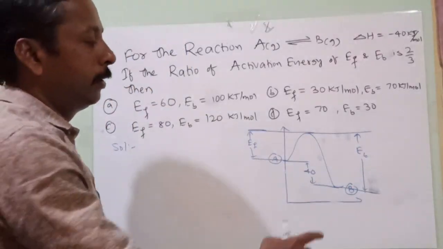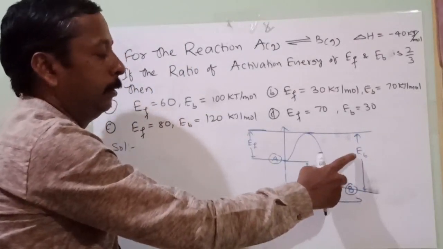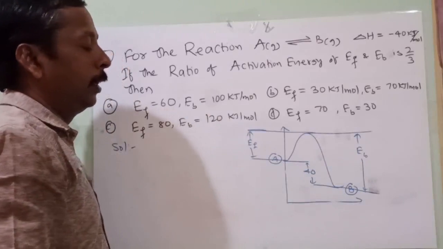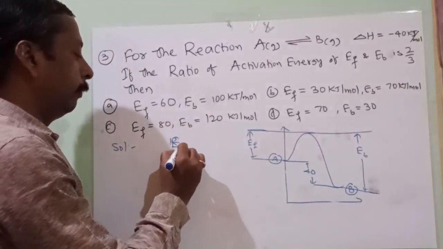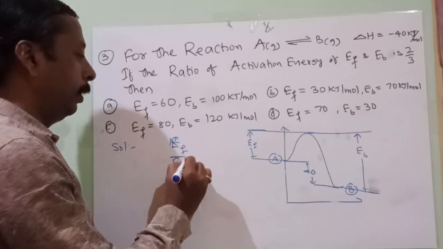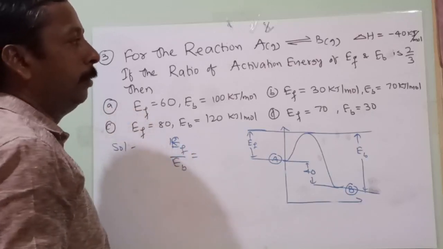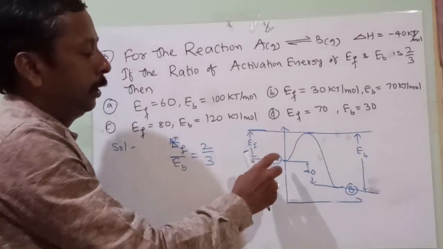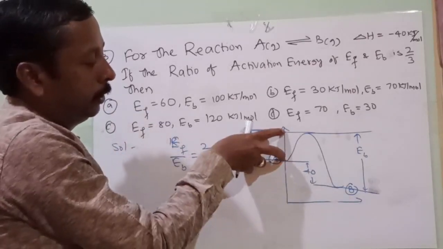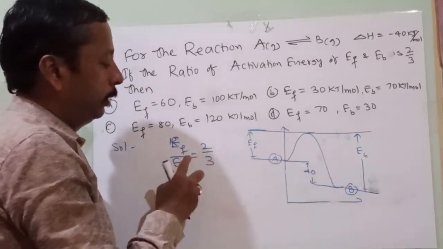Activation energy for the backward reaction is EB, activation energy of the forward reaction is EF, and here we are given EF by EB. EF by EB is equal to how much? It is given 2:3. See, already we can tell that EF is only 2 times and EB is 3 times.